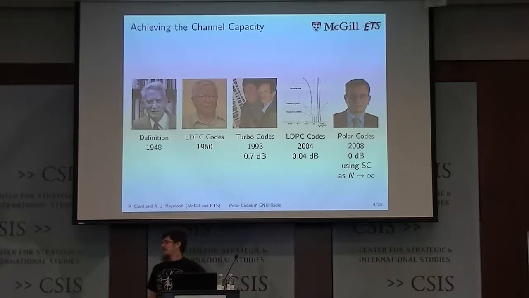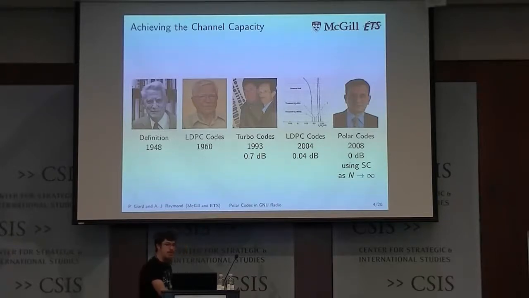The caveat itself is that it provably achieves capacity only if the frame length goes to infinity. Not very practical, right? But first, before trying to tackle that problem in particular, a bit about turbo codes and LDPC codes.